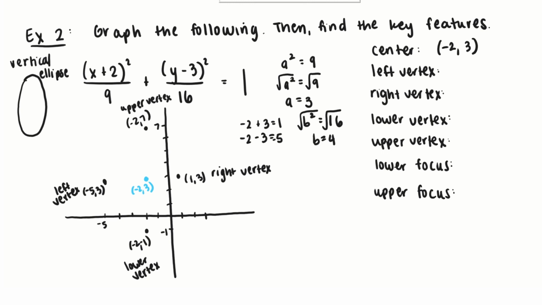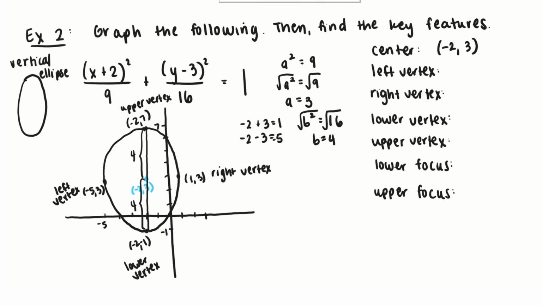All right, and now we're just going to go ahead and connect all the vertices together. And we can see here that it is longer vertically than it is horizontally, because if I were to draw a straight line through here, the distance from the center to the upper vertex was 4 units, and then the distance from the center to the lower vertex was also 4.